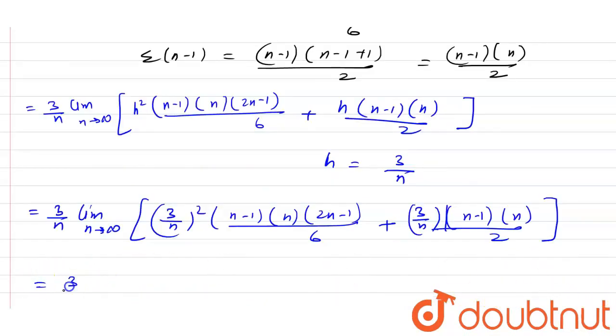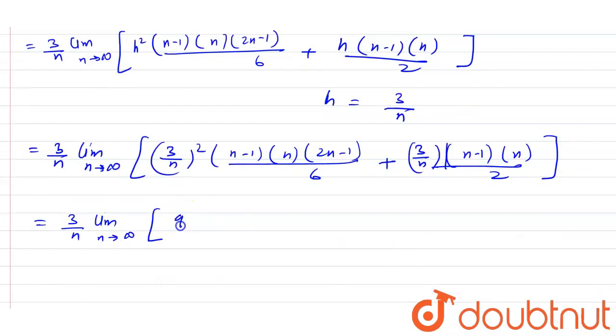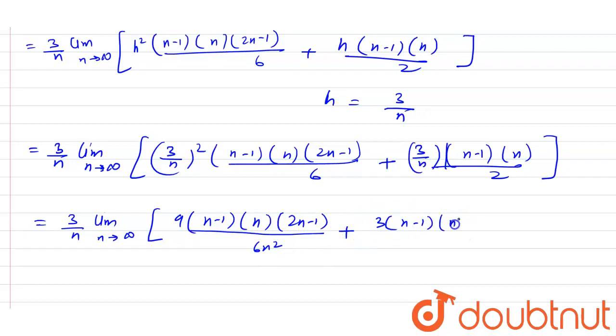Now this is equal to 3 by n limit n tends to infinity, bracket of 9 into n minus 1 into n into 2n minus 1, whole divided by 6n square, plus 3 into n minus 1 into n divided by 2.